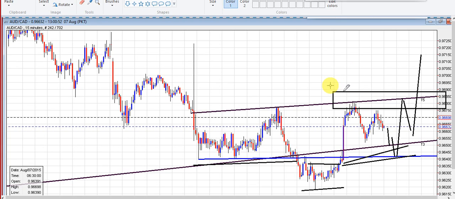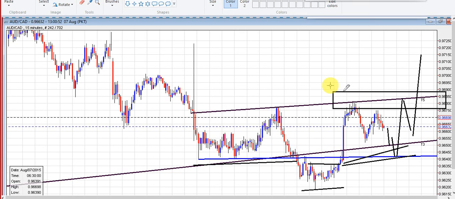Is it the trend lines? Is it the channel? Or is it the pattern? Is it the formation of the candles? What works most? My experience over and over again tells me that patterns prevail.